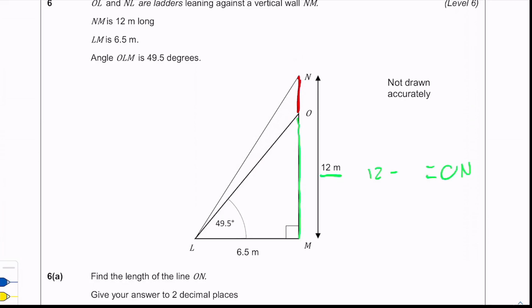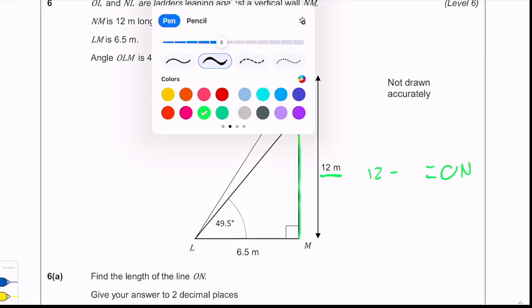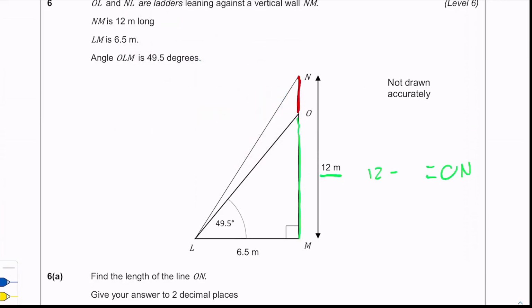And that something is going to be when we label our triangle. So let's label it now. So we've got our right angle, so this is the hypotenuse here. We've then got the angle in the question, so opposite this is the opposite side, and then we've got the adjacent. So 12 minus O is going to get us ON. So we need to work out pretty much this length, and then just do this calculation at the end.